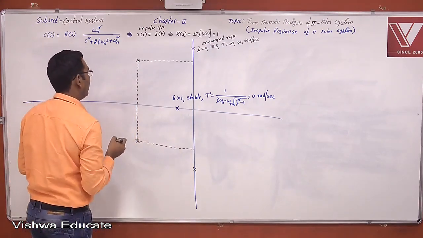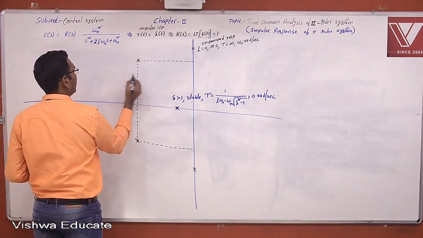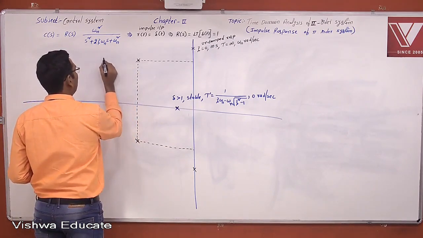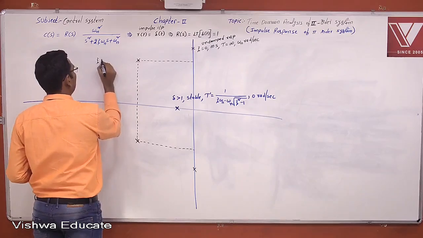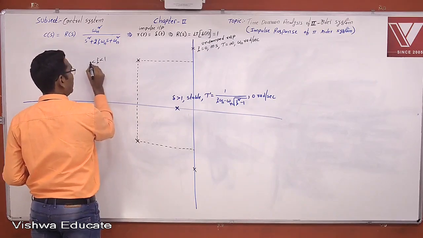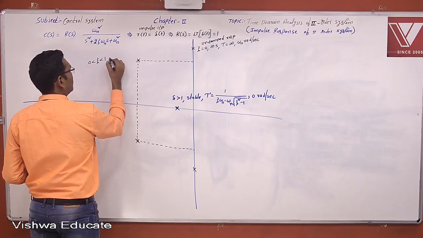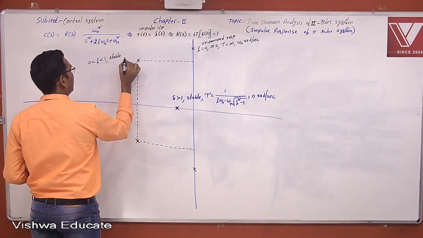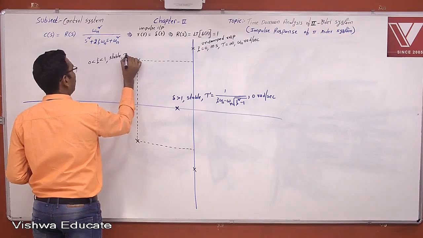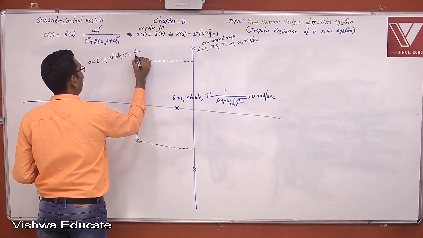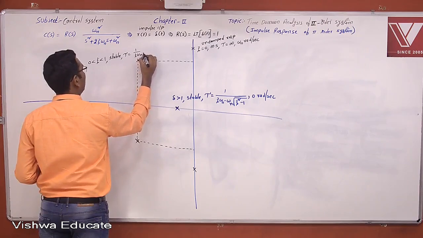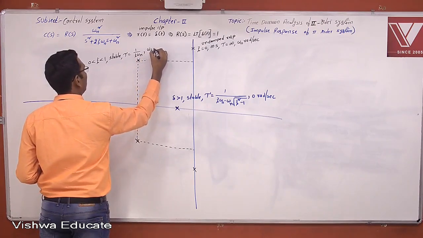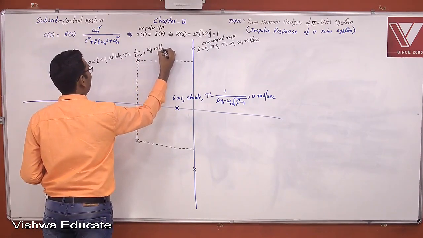When zeta is less than 1 and greater than 0, this is a stable system, the time constant is 1 by zeta omega n, and the damped frequency of oscillation is omega d radians per second.